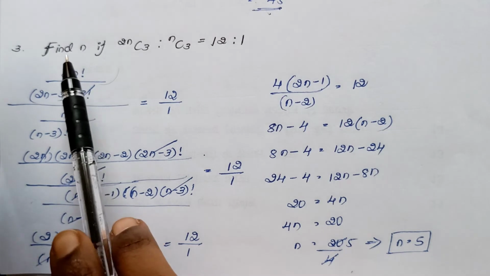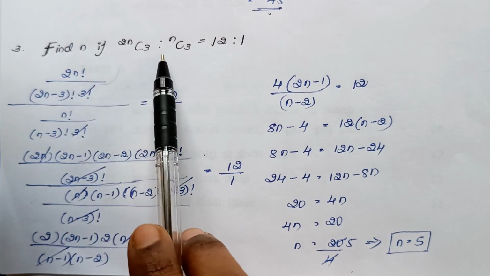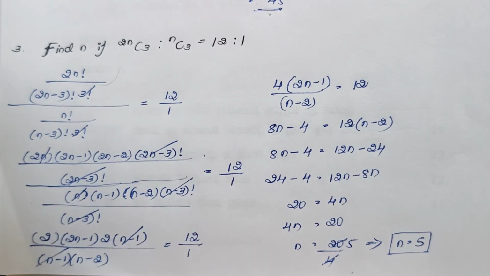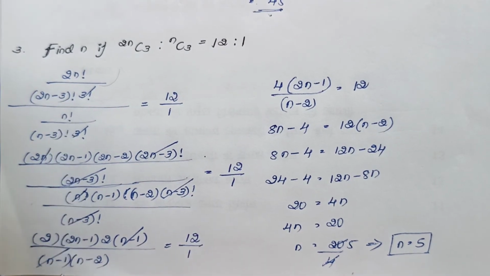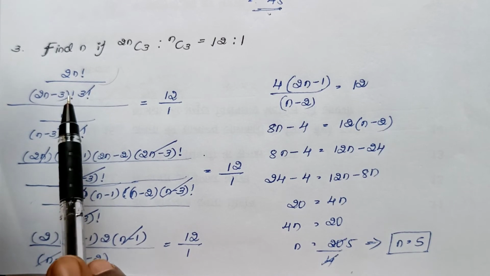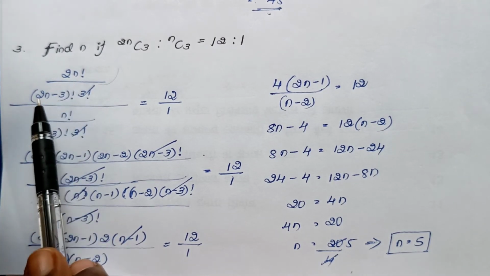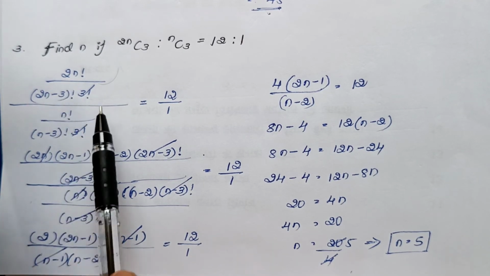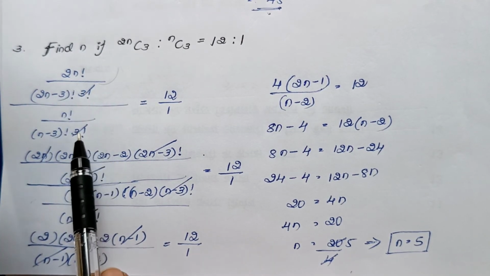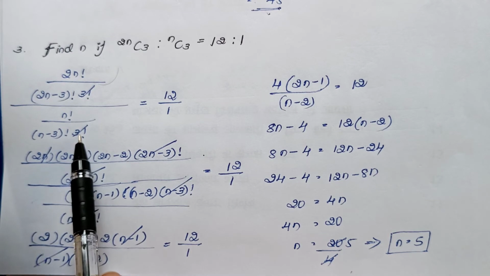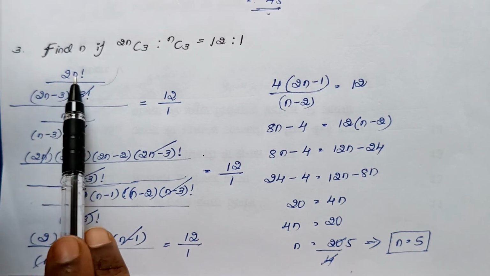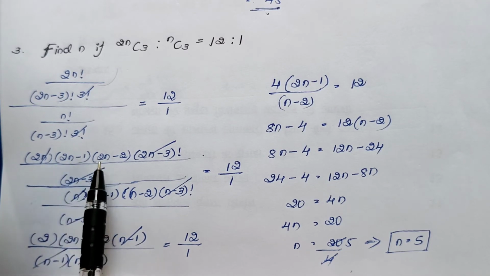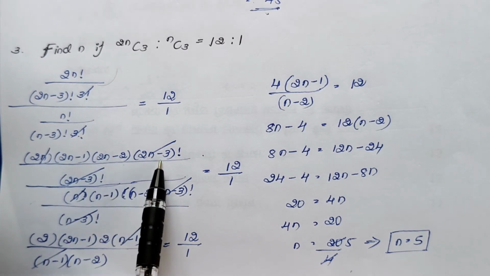Next one is, find n if 2nC3 is to nC3 is equal to 12 is to 1. So apply the same formula, nCr is equal to n factorial by n minus r factorial into r factorial. Here 3 factorial and 3 factorial get cancelled. Now expand this 2n factorial as 2n into 2n minus 1 into 2n minus 2 into 2n minus 3.